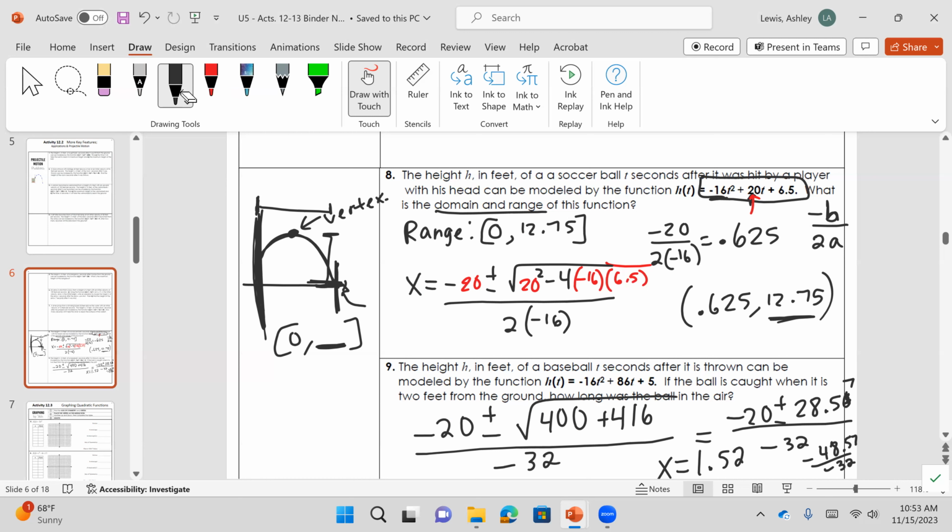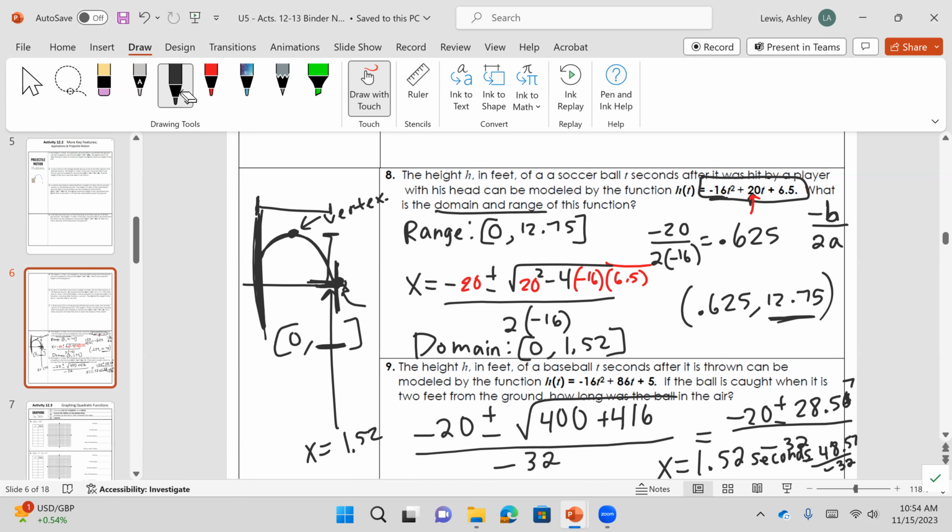So in 1.52 seconds, the ball will hit the ground. That means your domain goes from 0 seconds to 1.52 seconds, because we just discovered the x-intercept is at 1.52.